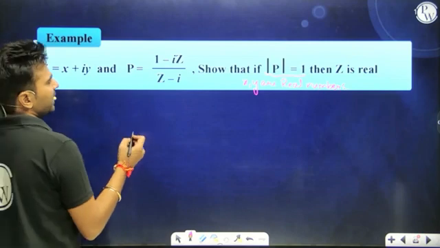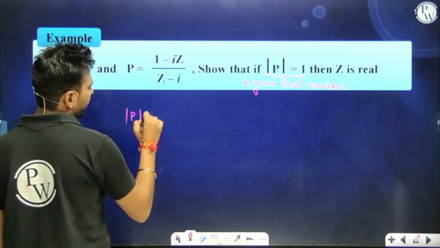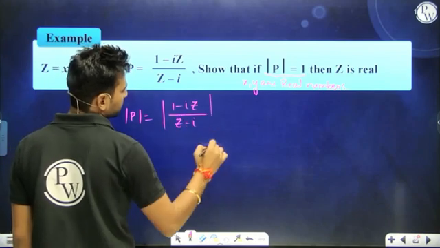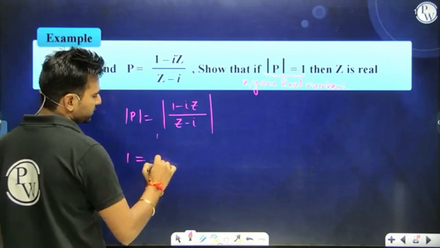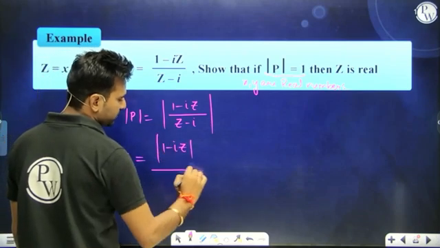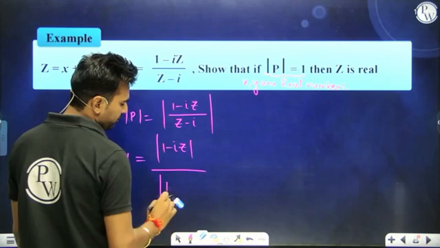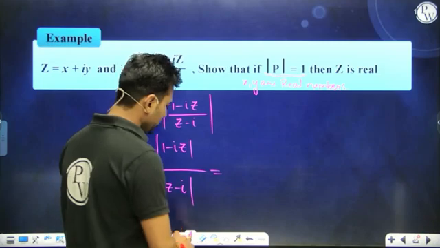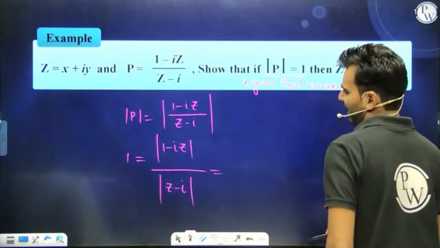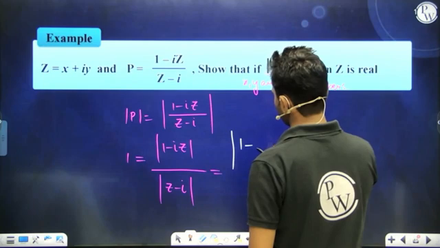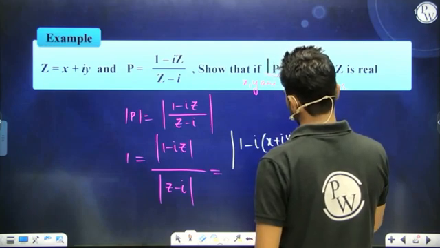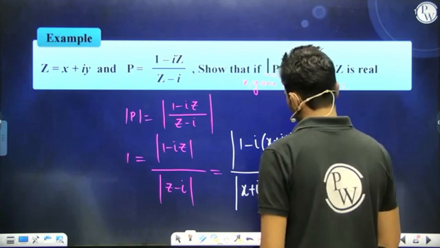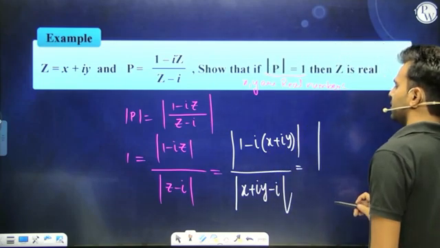Modulus of p is given to me as 1, so we can say that mod of p can be written as the modulus of (1 minus iota z) divided by (z minus iota). Now this is given to me equal to 1, so fine. We can split the modulus whenever multiplication and division of complex numbers is written. If you want to find the magnitude of this complex number, then this can be written as 1 minus iota times (x plus iy), and over here x plus iy minus iota, taking the real parts together and imaginary parts together.